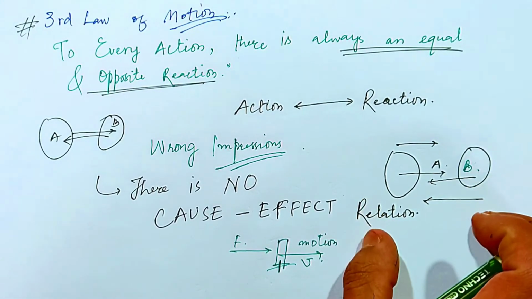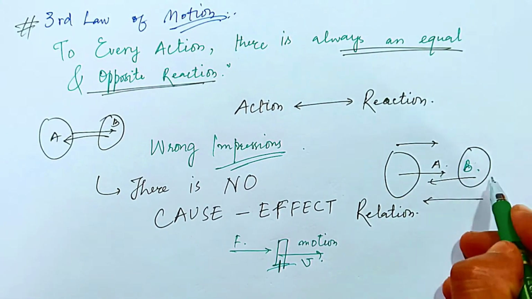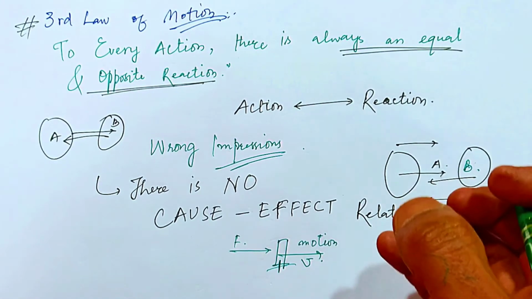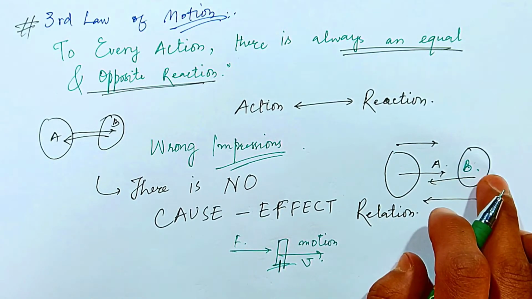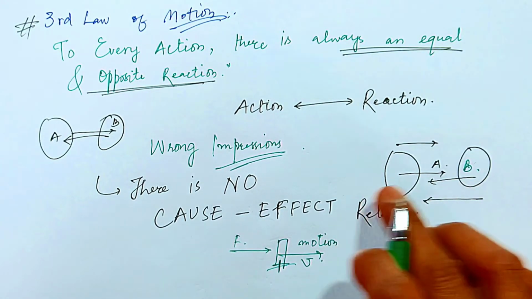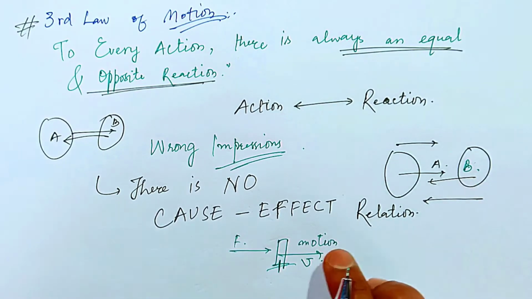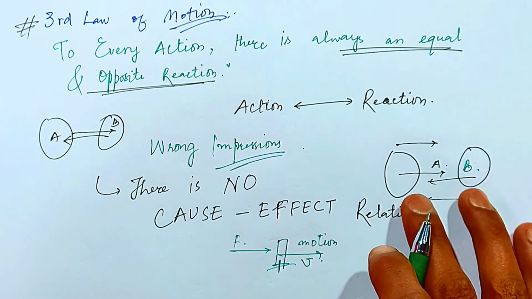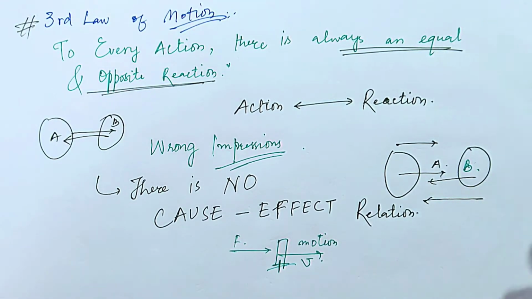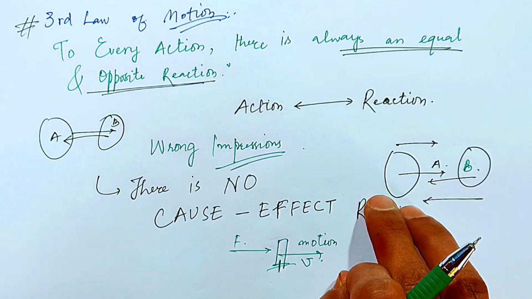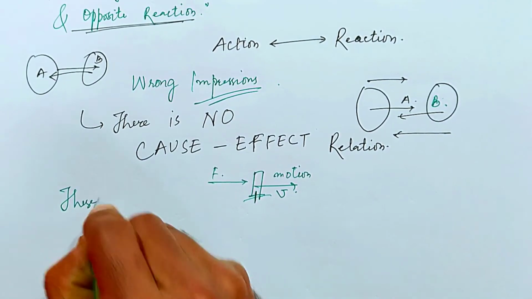But the third law of motion is not like that. Among the two bodies, it's not like the force generated by body B is because there was a force generated by A onto it. It is not like this caused this effect. It is not that body A is applying force on B, that is why B is applying force on A. No, these are simultaneous effects.